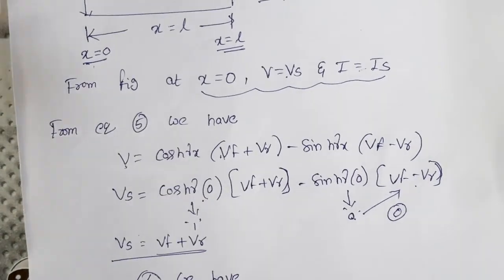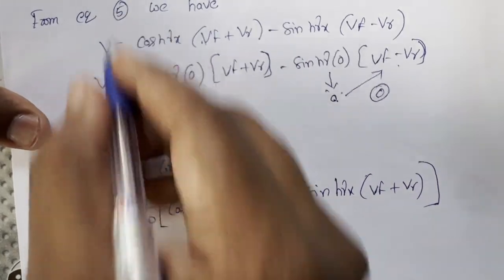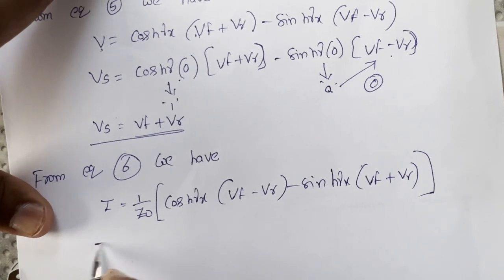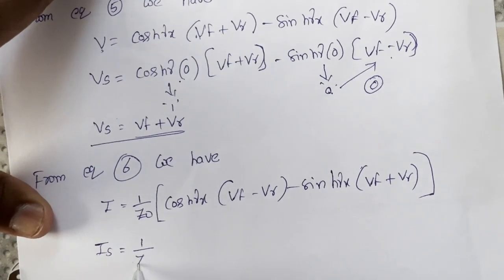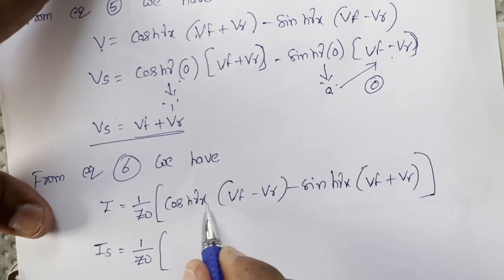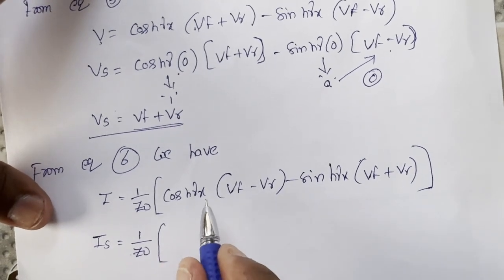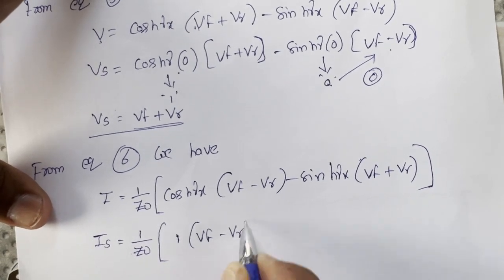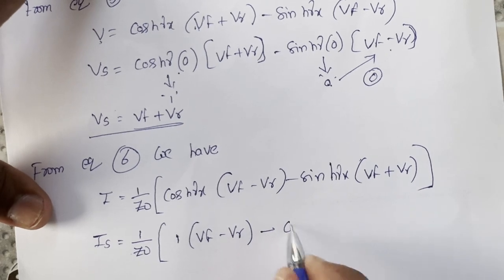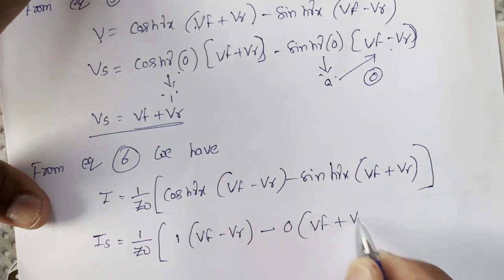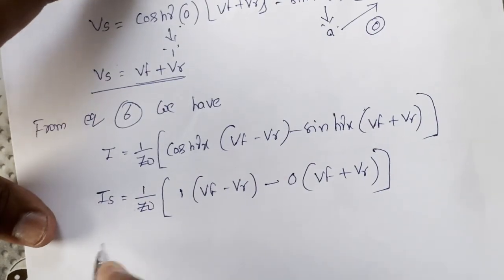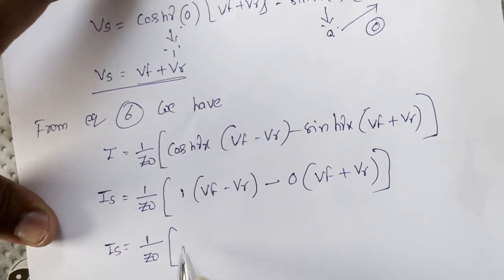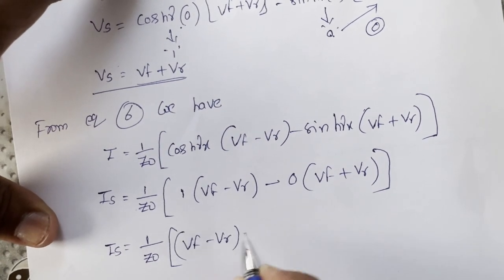The value of I is Is. Then Is equal to 1 by Z0 into cosh 0, cos 0 is nothing but 1, into (Vf minus Vr) minus sinh 0 into (Vf plus Vr). So we get Is equal to 1 by Z0 into (Vf minus Vr).